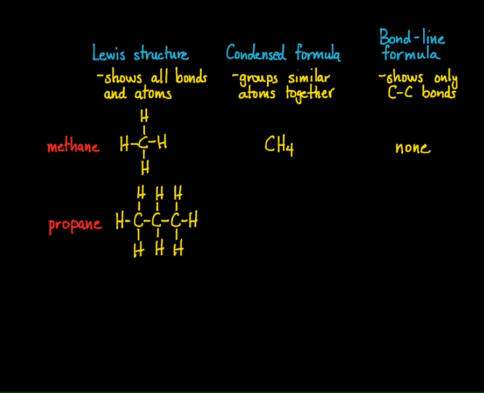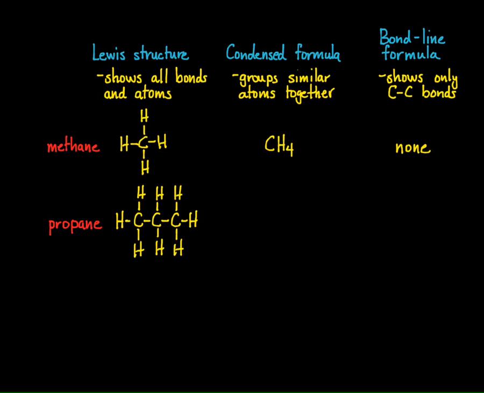Now, drawing all of those carbon-hydrogen bonds becomes kind of monotonous, and therefore we abbreviate it. In a condensed formula, we're going to take the 3 hydrogens on 1 carbon, we're going to simply combine them and say CH3. In the middle carbon, there are 2 hydrogens, so we're going to combine and say CH2.